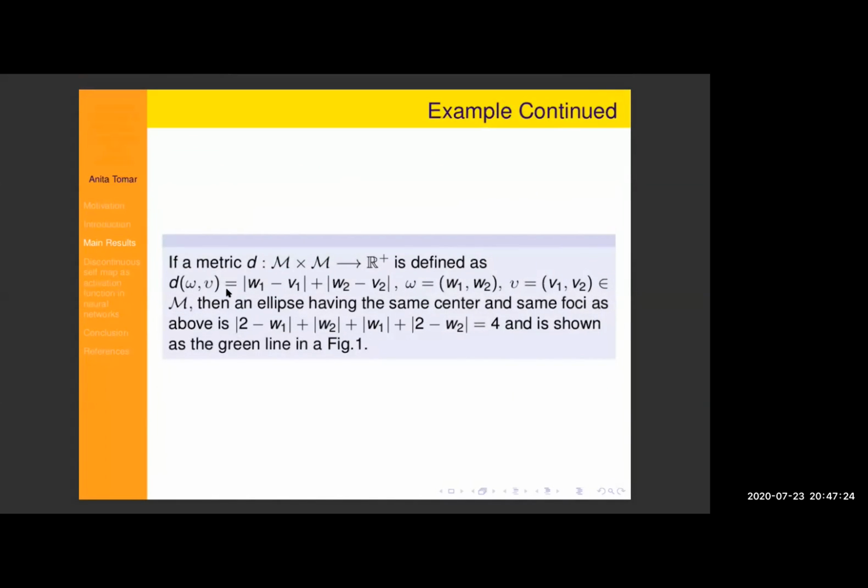But if we define the metric as modulus of (W1 minus V1) plus modulus of (W2 minus V2), and take the same center and same foci as in the previous example, then the equation of the ellipse is modulus of (2 minus W1) plus modulus of W2, plus modulus of W1 plus modulus of (2 minus W2), equal to 4.